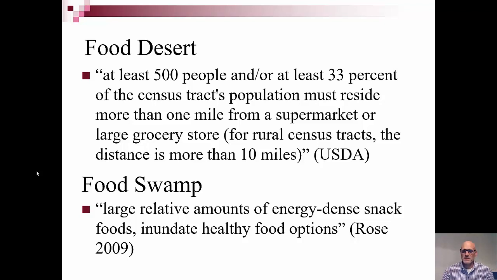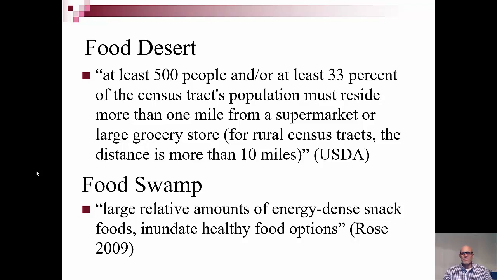And my specialty is GIS analysis, and more particularly data standards, data application of this type of analysis to the food environment. And more particularly recently, we've explored the idea of food swamps, where we look at the relative amounts of energy-dense snacks, foods that inundate healthy options.